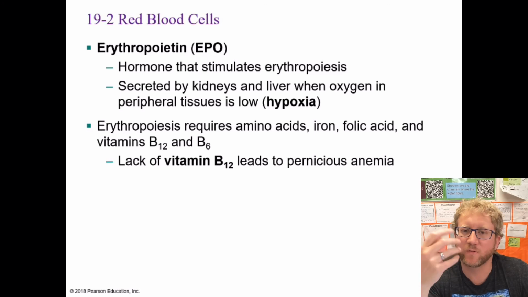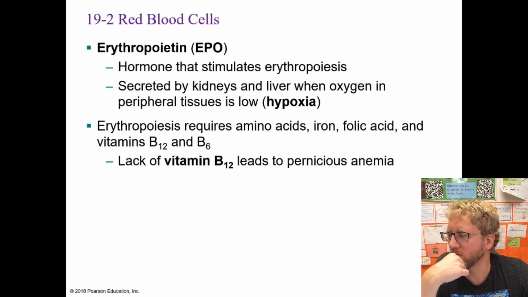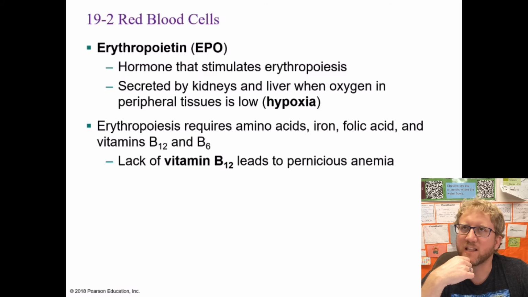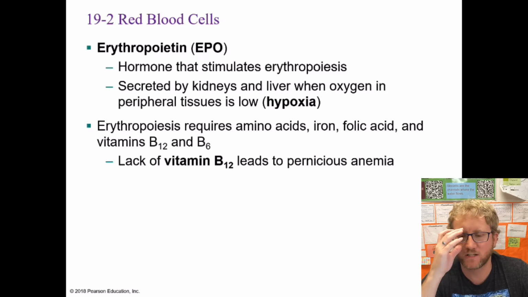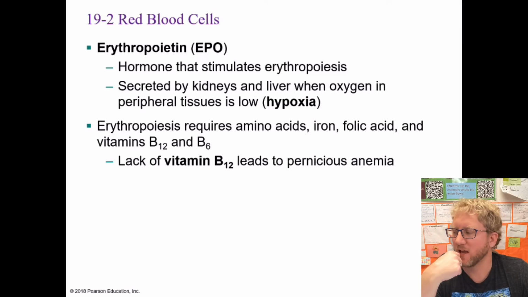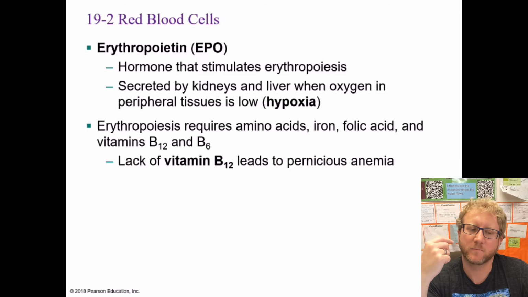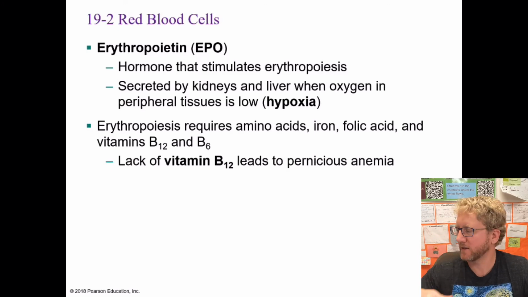A lot of racers, they've gotten in trouble in the past with blood doping, where basically what they would do is they would reinfuse red blood cells, extra red blood cells, especially ones that are like super oxygenated, back into your bloodstream in order to elevate your body's ability to move gases to your muscles and stuff like that.